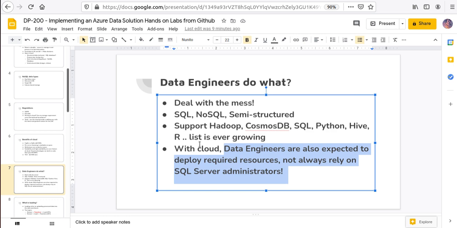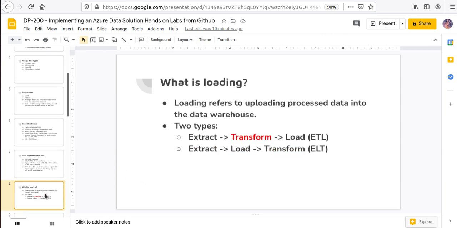You are no longer on-prem, where you probably have to create a ticket to the SQL team, one ticket to the server team to give you the right server that you want. Then the SQL team will give you the database, and then you test it, and it's been weeks or months before you have something ready. No, not with the cloud. As a data engineer, you should be able to create your own resources using Azure and be able to start working on them immediately. That is the expectation. All right, let's go to the next one.